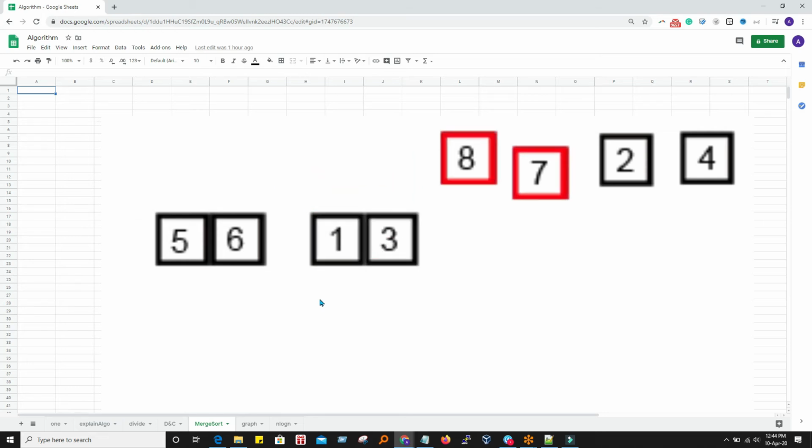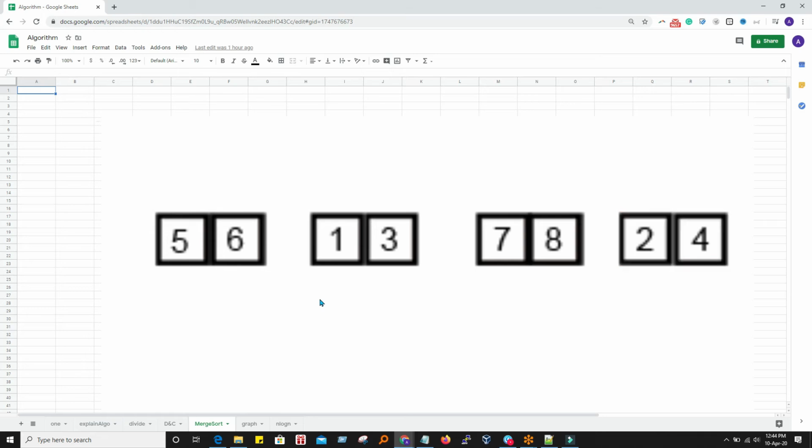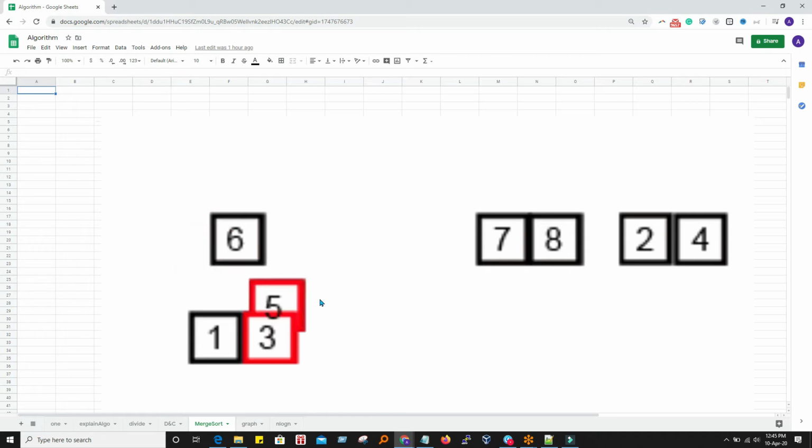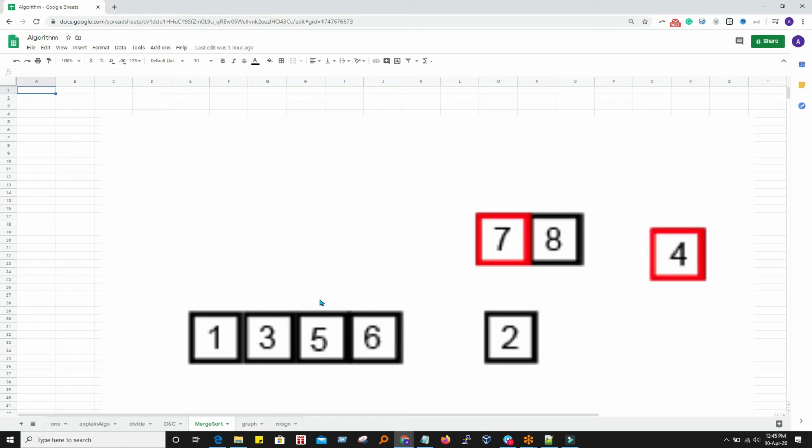We sort two numbers, and again now we can combine them. So this is just breaking the big problem into small problems, solving those small problems, and then combining the sub-solutions to build a final big solution.